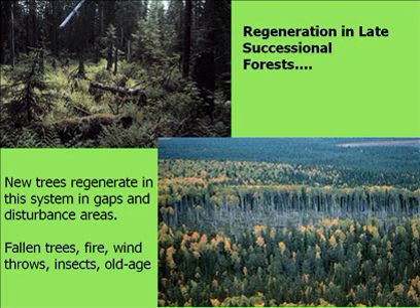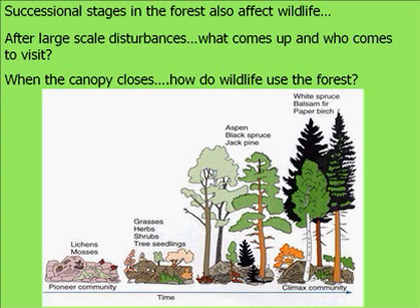These successional stages also affect wildlife. If you think about a clear cut, or you think about a forested area that's been recently cleared, what kind of animals do you see in those open areas, and why are they there? Typically, after a fire especially, or after a major disturbance, you have new young succulent plant growth coming in, and you have your browsing animals using that area for food.